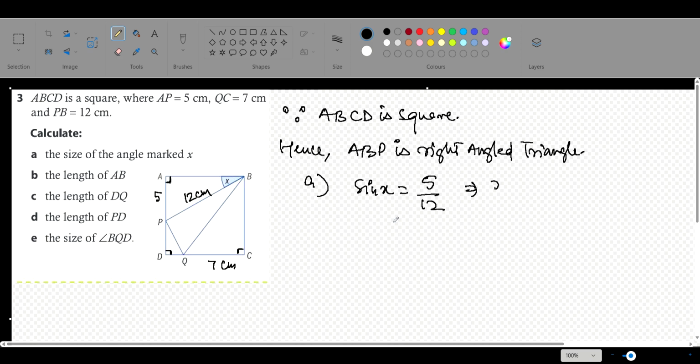So x would be sine inverse 5/12, which is 24.62, 24.6 degree.